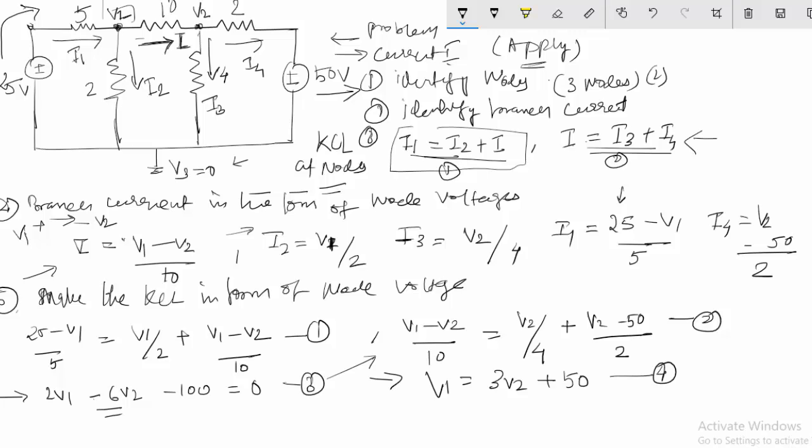And now I have two equations, and from this I will have to find out the value of V1 and V2. So if I get the value of V2, I will have to substitute it in this equation, and that's a simple way to do that.